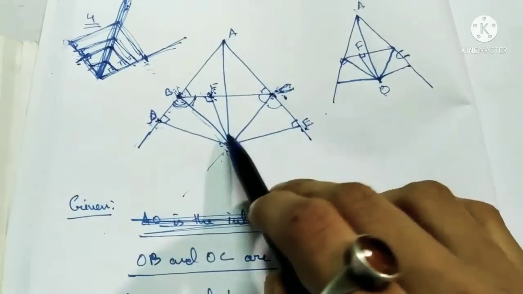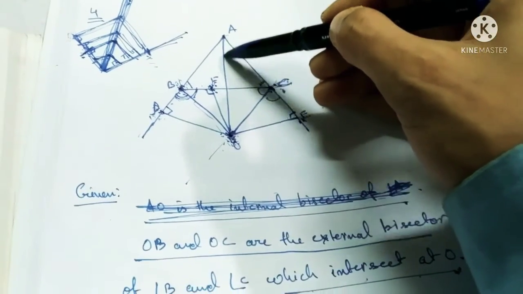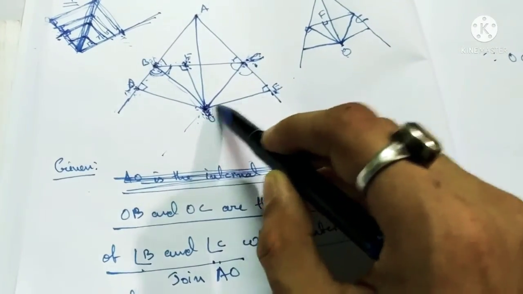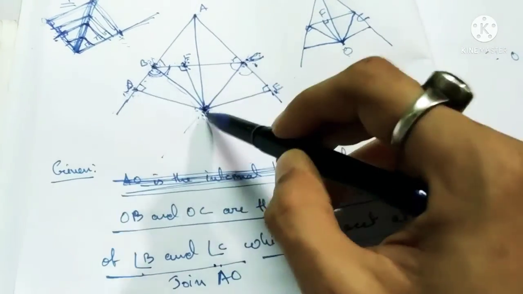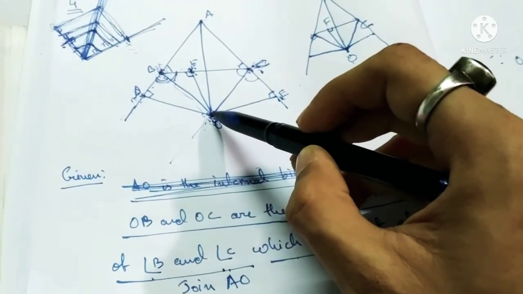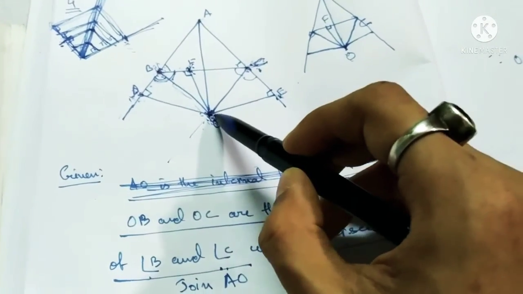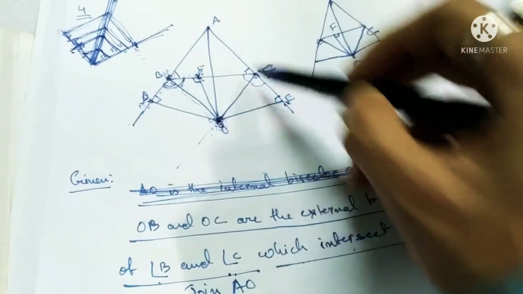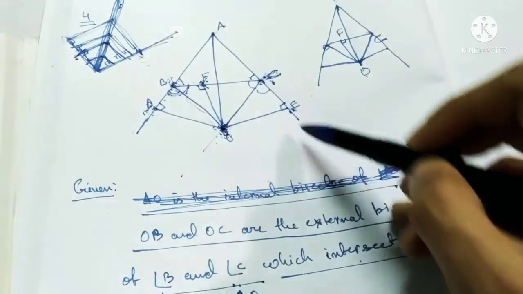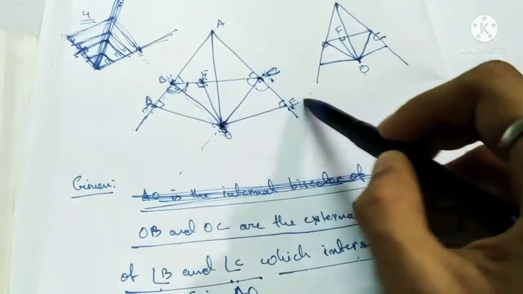OE is equal to OD, I showed, no? Yes or no? So therefore I can say that it is the bisector, because from this point, the locus of the point, I have drawn two perpendicular distances on the arms of this angle, and these two perpendicular distances are equal.